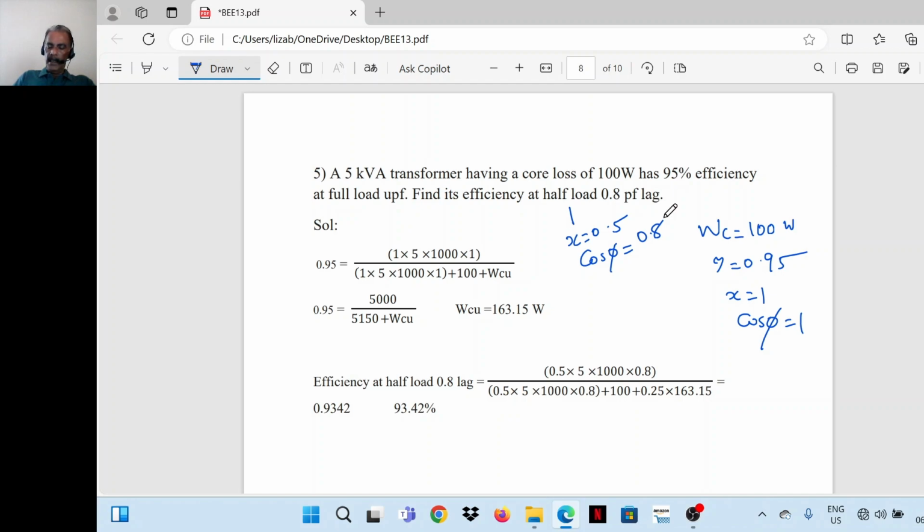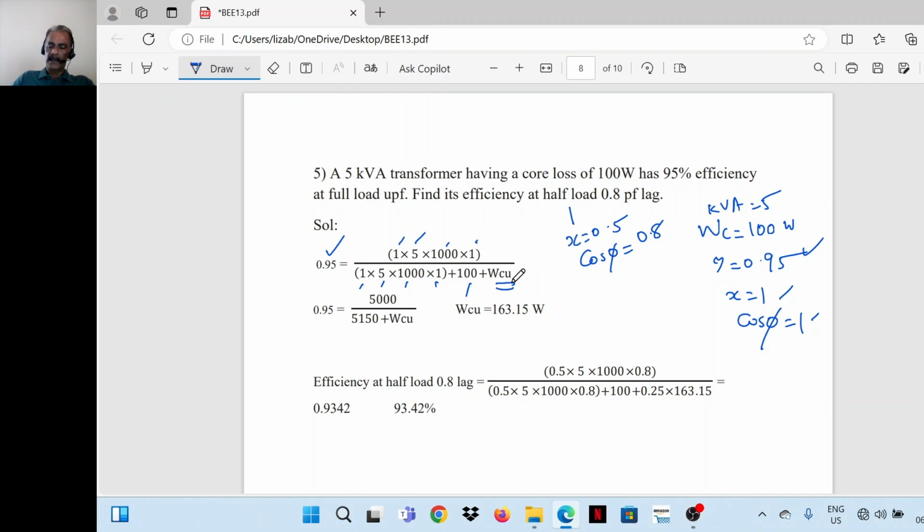So substituting in the equation, efficiency is 0.95. 0.95 is equal to x kVA into 1000 into cos phi divided by x kVA 1000 cos phi plus core loss WC plus x square WCU.